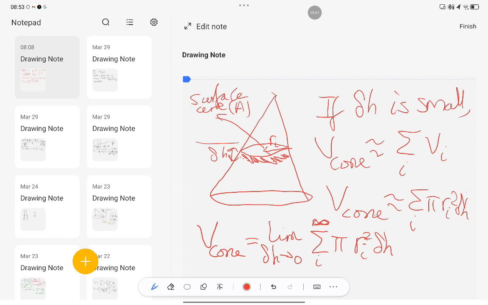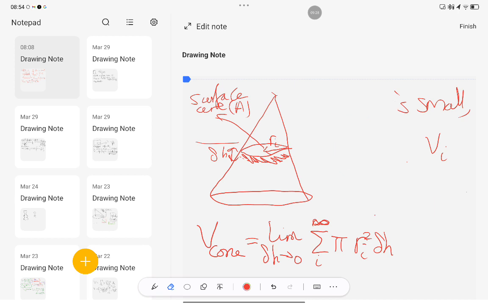And the ancient Greeks knew how to evaluate this kind of limit, even if they wouldn't think of it in terms of limits. And we're going to do something similar today. Now, in the language of how we do integral calculus today, we would write this volume slightly differently.